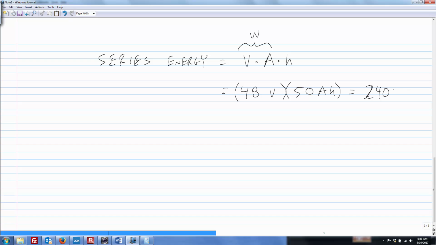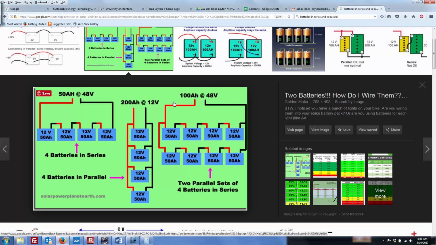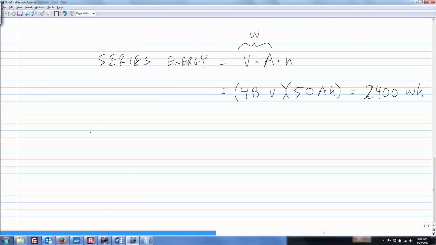2400. And we'll just put this in watt hours. And if we go back to this guy, 200 times 12. 200 amp hours times 12, so this is for parallel.